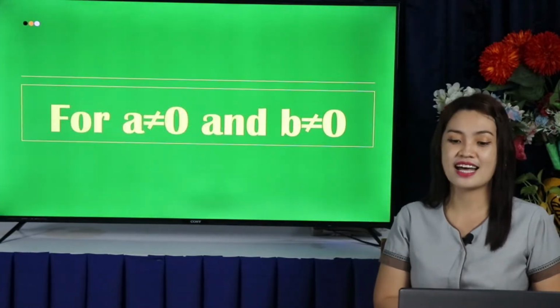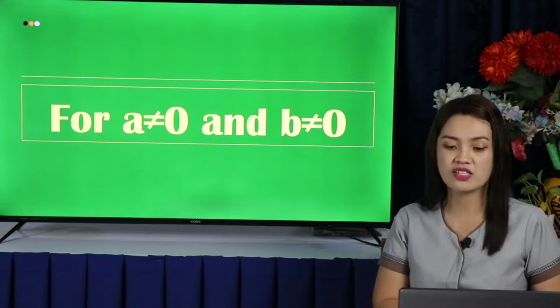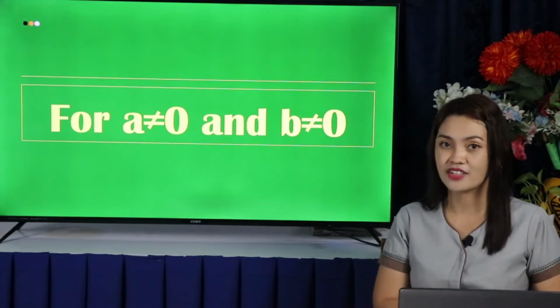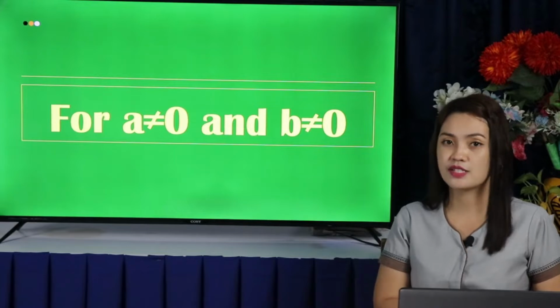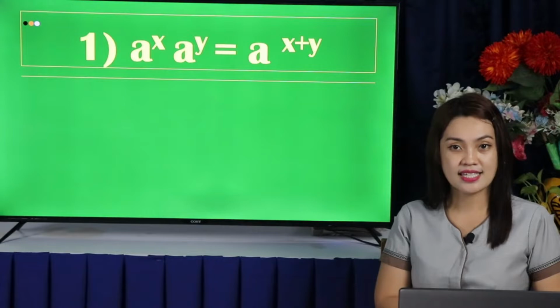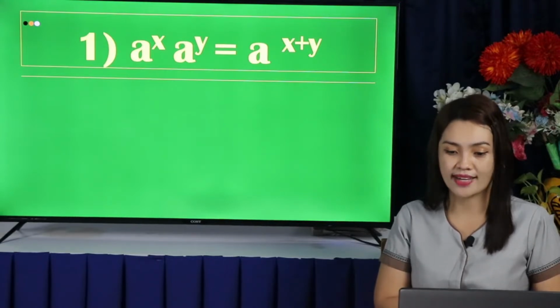To start this lesson, I will give some illustrations involving the laws of exponents. Tell me what rule is being applied to each item. Let us start. Assume a is not equal to 0 and b is not equal to 0. Number 1. a raised to x times a raised to y equals a raised to x plus y.